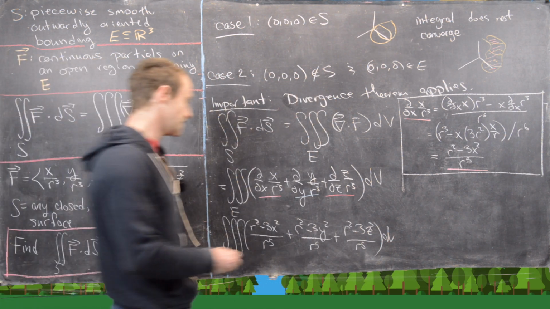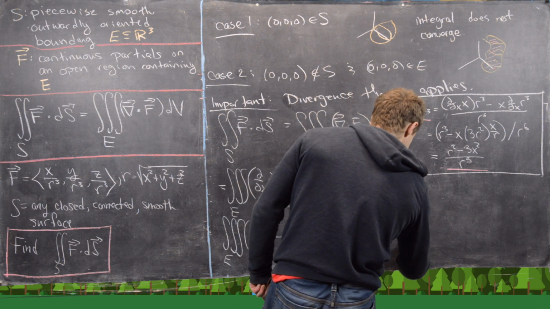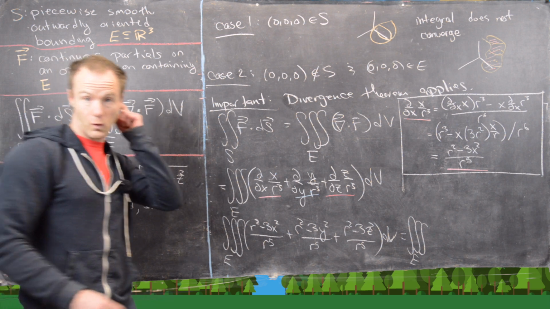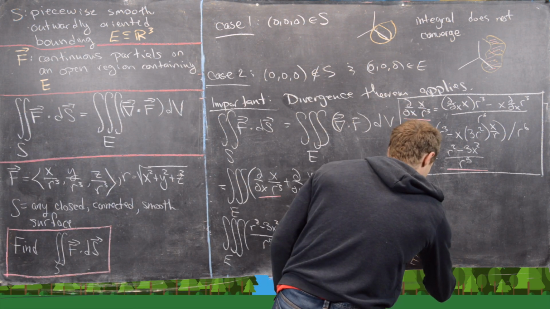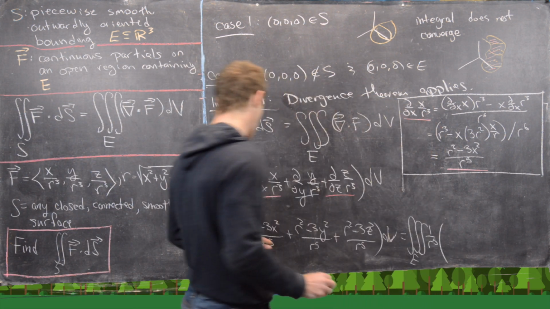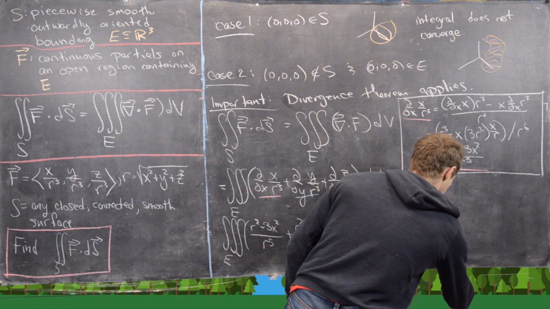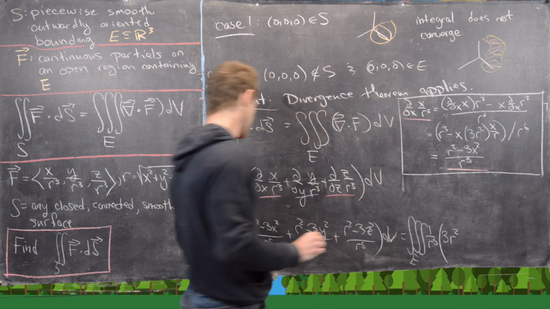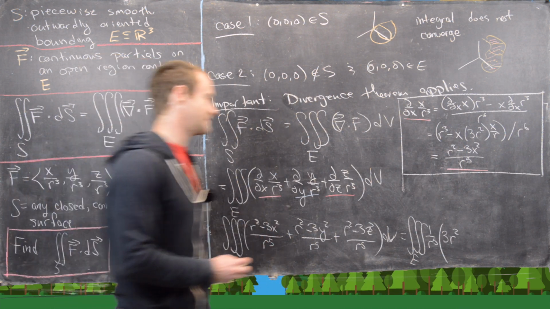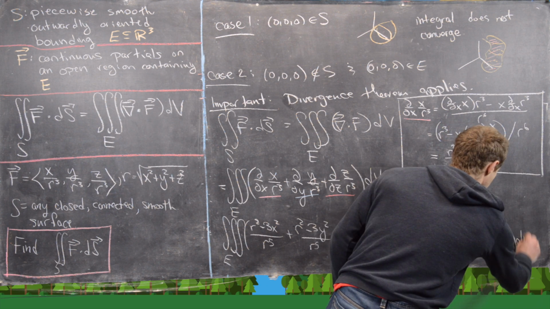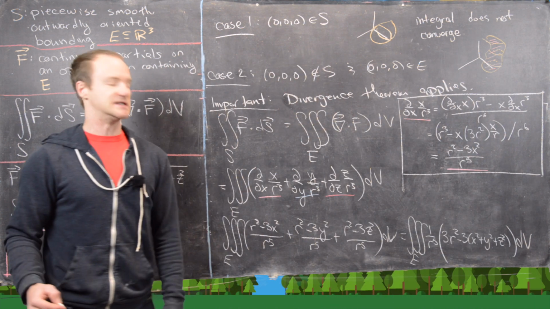Okay, fantastic. So let's see what we get here. This is going to be the triple integral over E, and then I can factor a 1 over r to the 5th out. And then I'll be left with 1, 2, 3 r squareds. So I have 3r squared, and then minus 3 times the quantity x squared plus y squared plus z squared, and then all of that is being integrated dV.